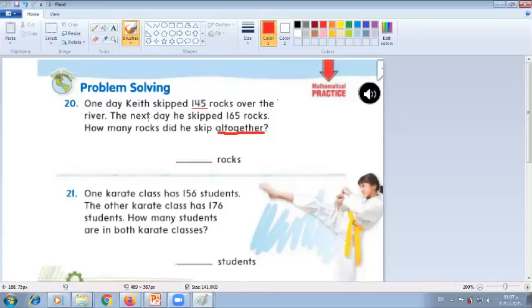The next day he skipped how many? 165 rocks. Now I want to know how many rocks did he skip all together? It means all of the rocks. So that means I will have to add. Let's add in here. Add the two numbers I have of the rocks.